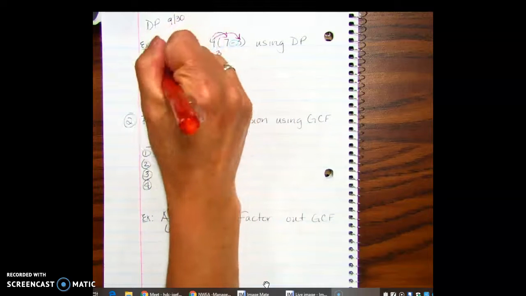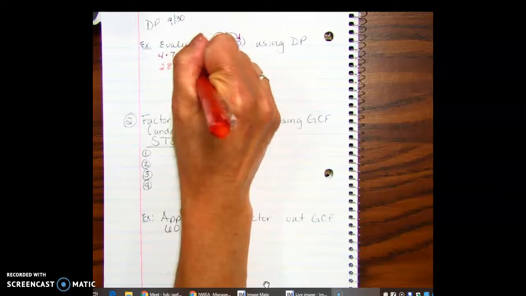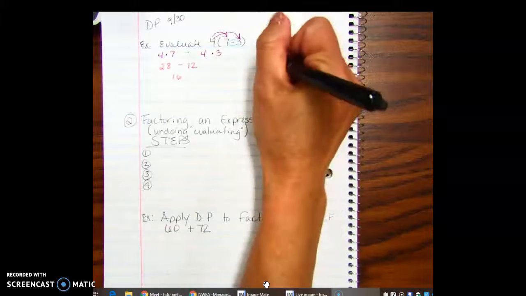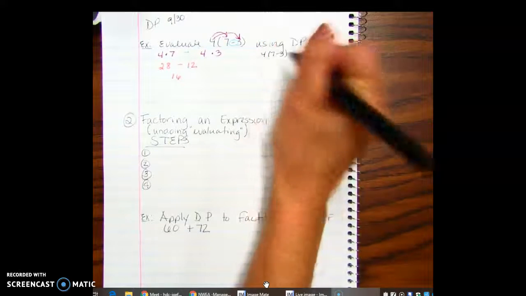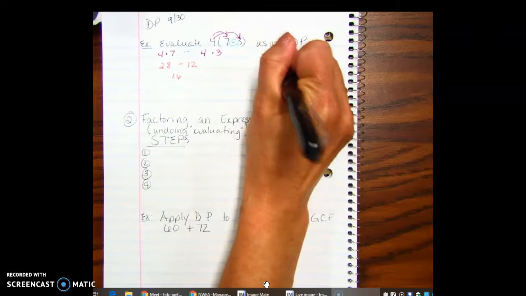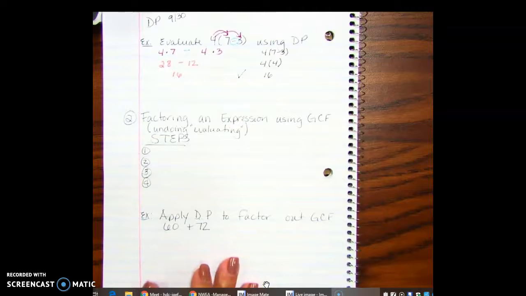So I take 28 minus 12, which equals 16. Did this work? I don't know. Let's check and see by solving the way this problem is set up. 4 times 4 equals 16. It worked.